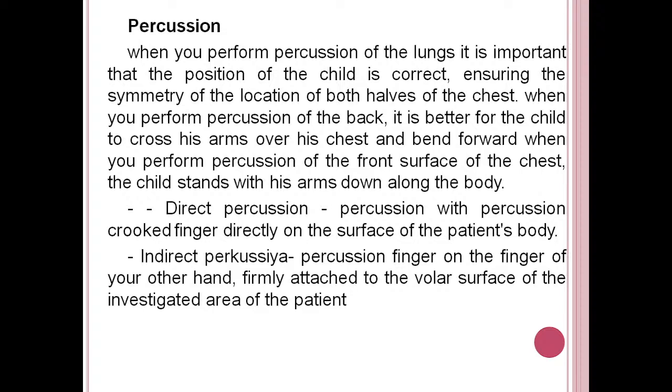When you perform percussion of the back, it is better for the child to cross his arms over his chest and bend forward. When you perform percussion of the front surface of the chest, the child stands with his arms down along the body. This is about position.